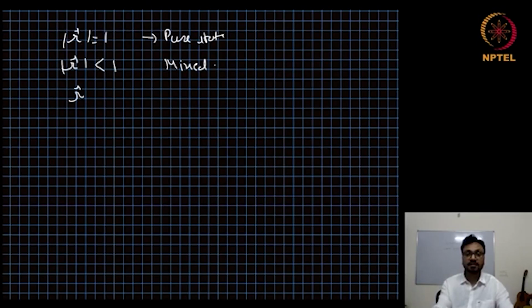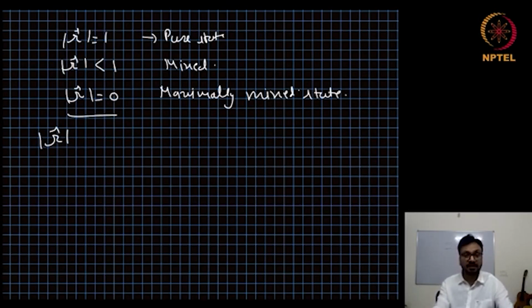And when the r vector mod is 0, then it's a maximally mixed state. So in that way, the r vector mod, the length of the vector r, can be a measure of purity. If it is 0, then purity is 0. If it is 1, then the purity is 1. So in that way, this r vector can also be a valid measure of entanglement.